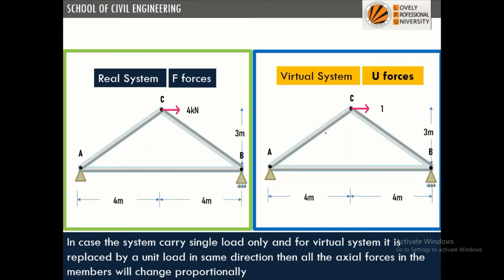So the magnitude of forces in all the members will be 1/4. But this is only possible in case the system carries only a single load, and for the virtual system it is replaced by a unit load in the same direction. So if we do that, all the forces in the members will change proportionally.